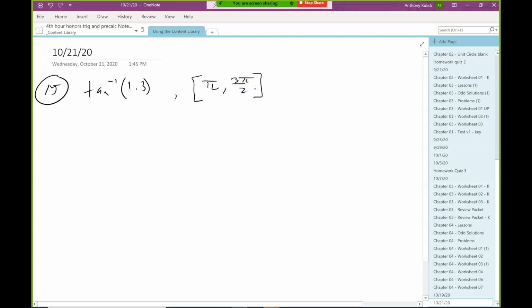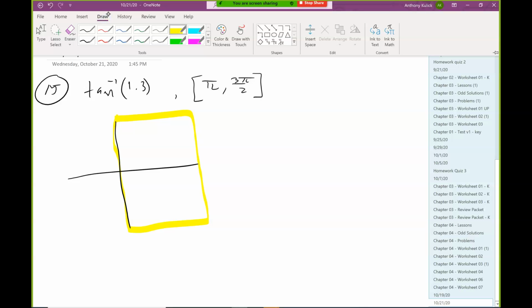Okay. So, just as a little reminder here, tangent inverse, its range is negative. So I know tangent inverse is going to give me an answer inside of one of these, quadrant 1 or quadrant 4. You okay with that, Jesse?